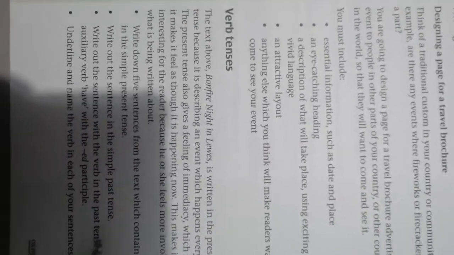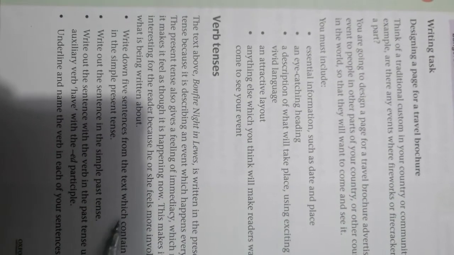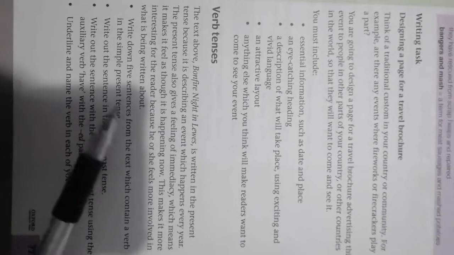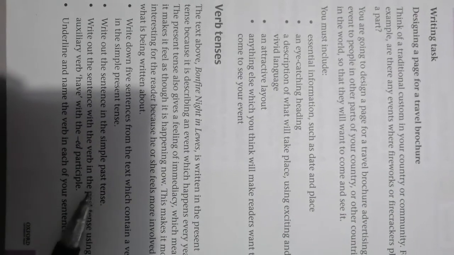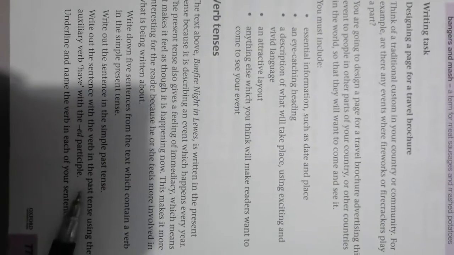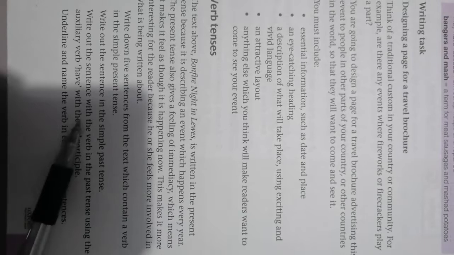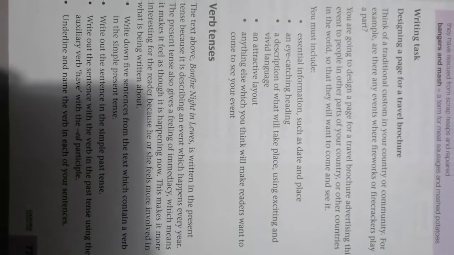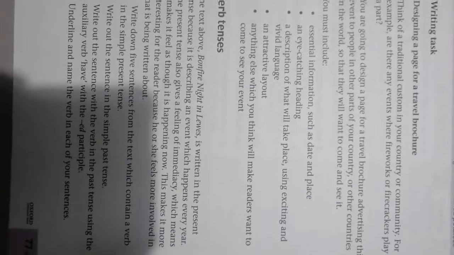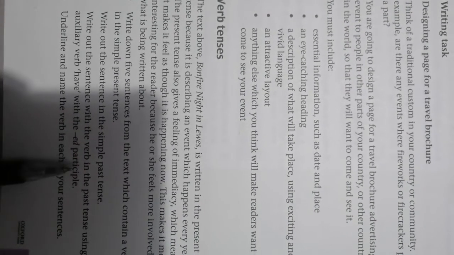So let me tell you again, what you have to do is find 5 sentences from the text which contain a verb in simple present tense, and then write them in simple past tense, and then write the verb in the past tense by using the auxiliary verb have with the past participle.